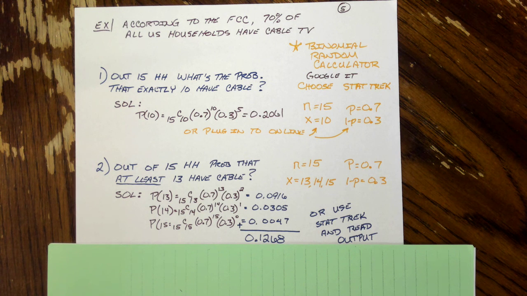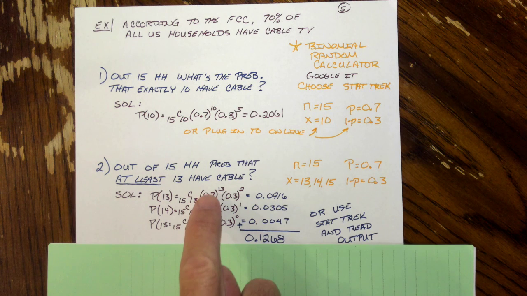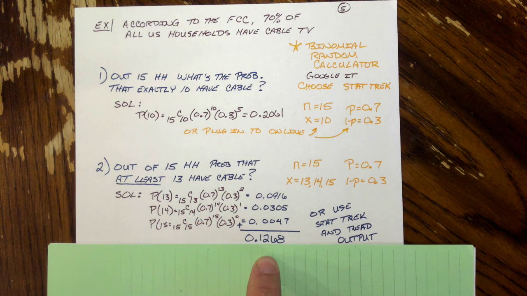Now my results for 13 or greater, sorry, I had to pause for a second. So at 13 or greater, I got my list. I see when it's at exactly 13. I see when it's all the way down, but I go to the bottom one, probability of capital X greater than or equal to x, 0.1268. It's already calculated for you instead of having to do all these lines.